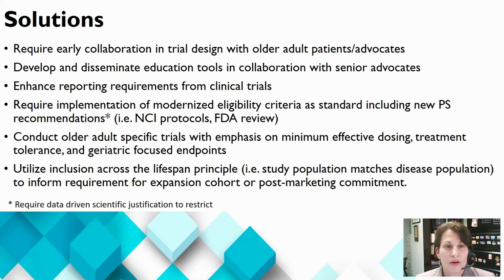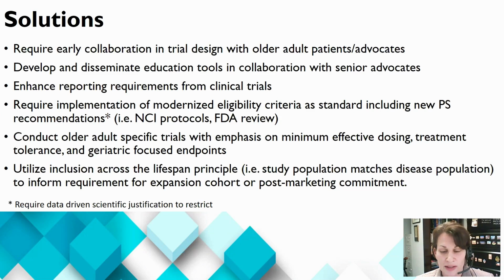We talked about requiring implementation of the modernized eligibility criteria as standard, including the new performance status recommendations, which will be published soon and specifically recommend increasing enrollment routinely to those performance status 2 populations. And so this would include both NCI protocols and in the conduct of an FDA review.